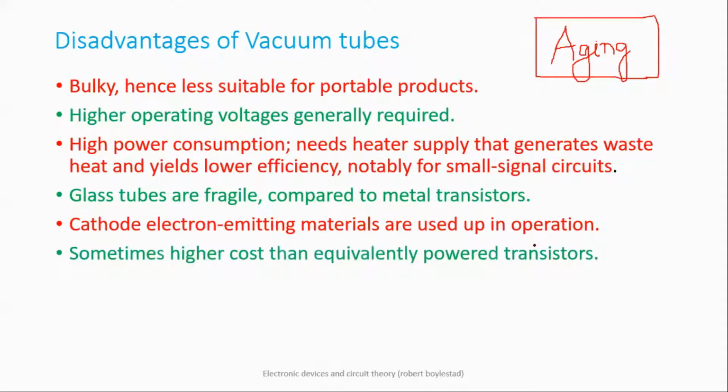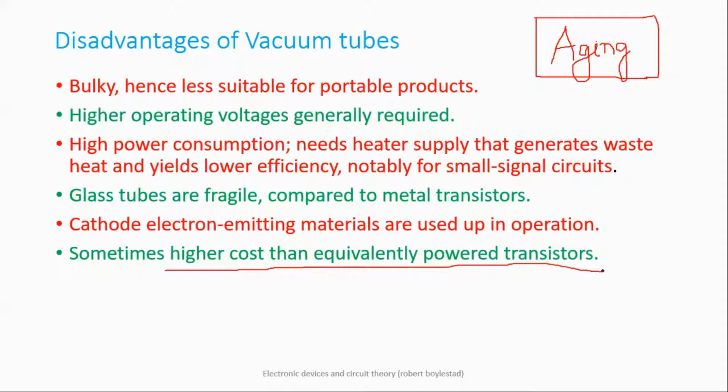Okay. So another issue with vacuum tubes is higher cost than equivalent power transistors. These are some of the issues, and the major issue arose after World War II. Those who are interested in history know that information is one of the criteria on which future wars will depend.